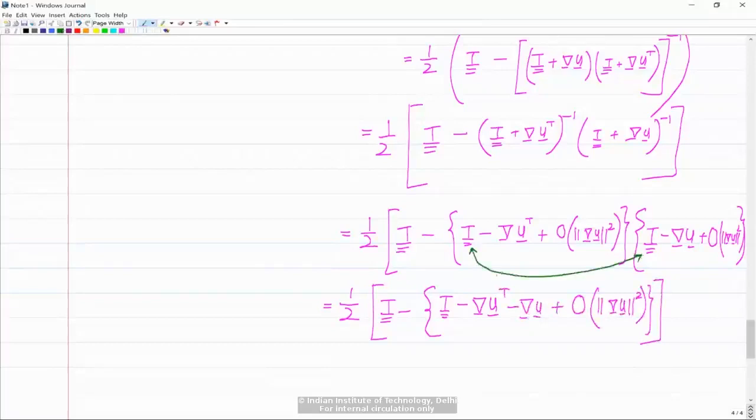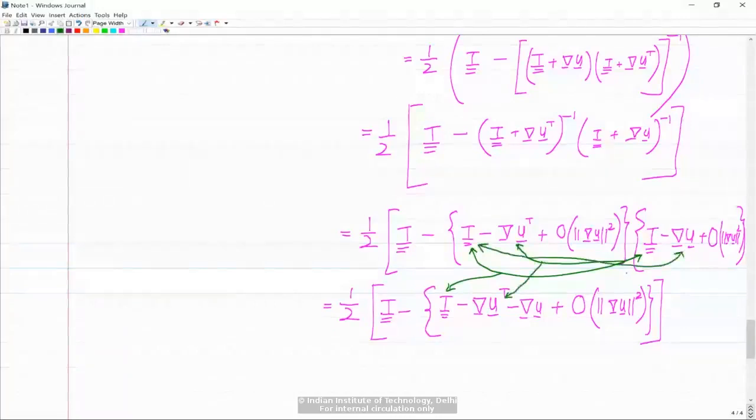So you see, this is how it has come. This into this is coming here, then this into this is over here, and this into this. Okay, I think it's getting messy, so I'll use another color.